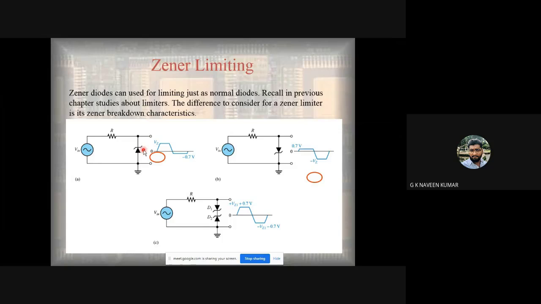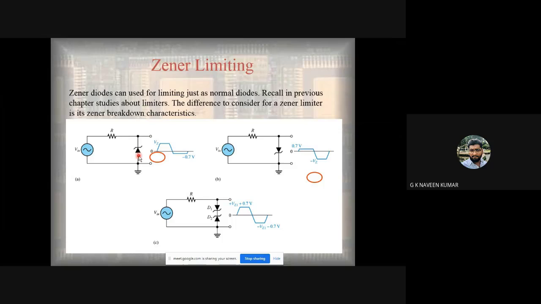Positive connected to the negative cathode of the Zener diode indicates that this diode is in reverse bias condition. In reverse bias, whenever the input voltage exceeds the breakdown voltage of the Zener diode, it acts like a constant voltage source.